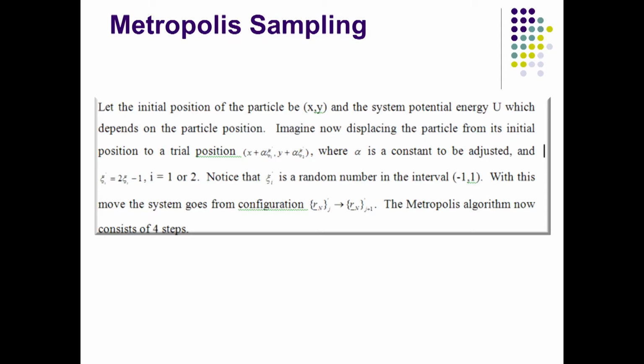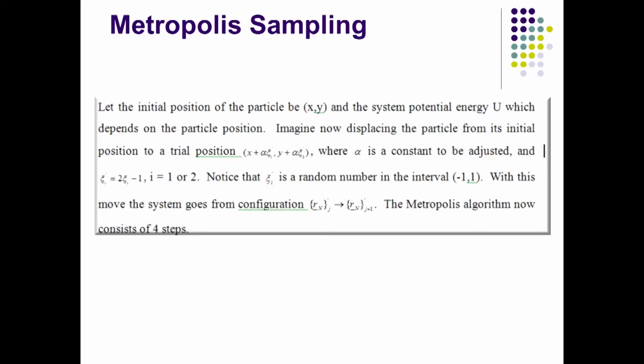Metropolis said that I am going to take a 2-dimensional space of x and y, move x and y both, and then calculate not the trajectories, but the configurations, and see which configurations I should keep and which I should not. He came up with the criteria for that importance sampling, and that was his major contribution. That is why it is called Metropolis Monte Carlo: it was an energy criterion which allowed you to sample the energy space.